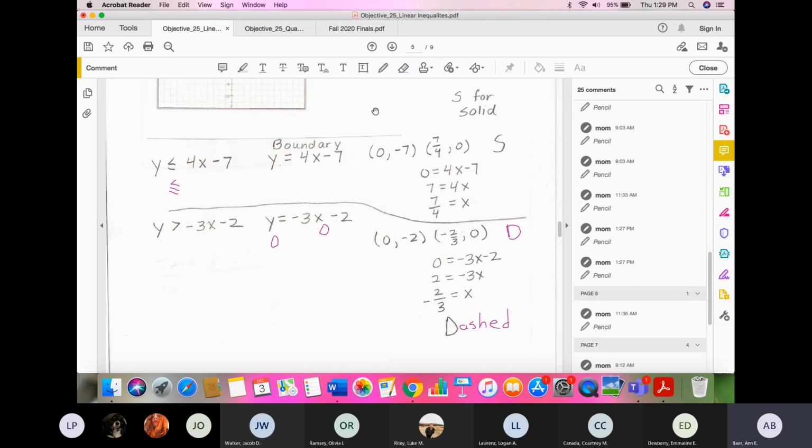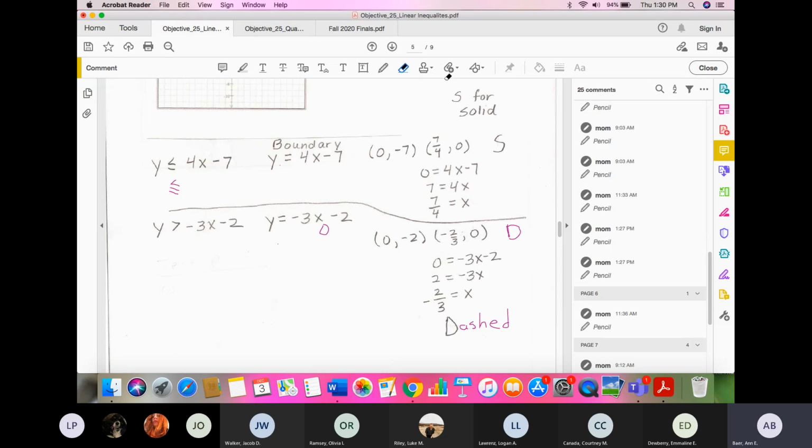We are first going to put 0 in for x. So what are we going to get if we put 0 in for x? We are going to get negative 3 times 0, which is 0, minus 2, which is negative 2. So y is then going to be negative 2.